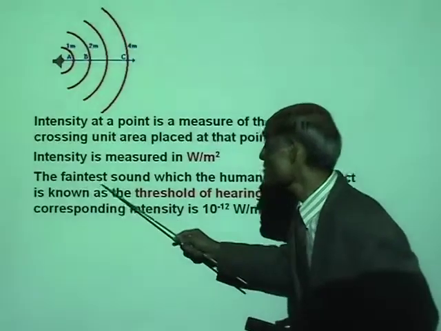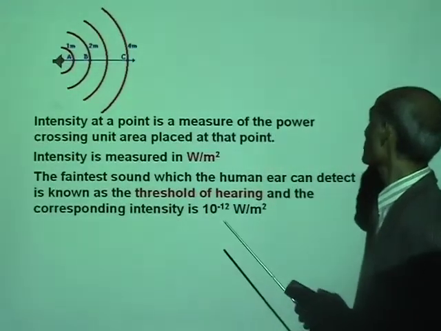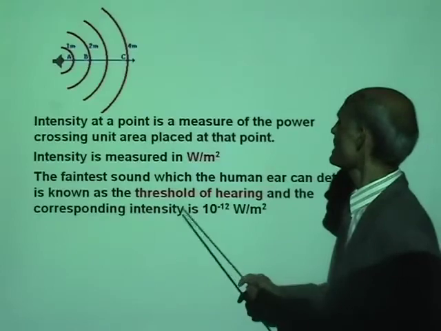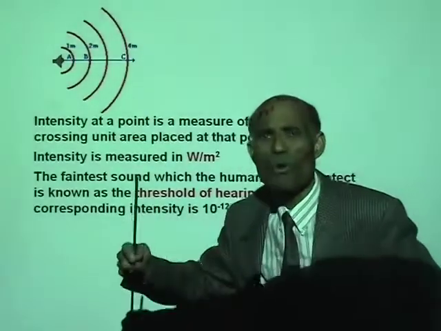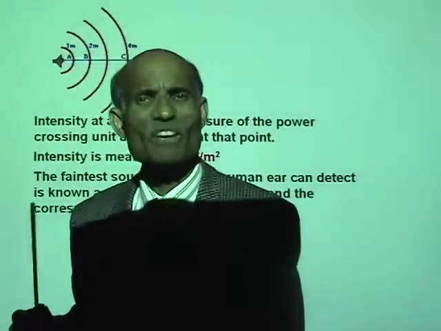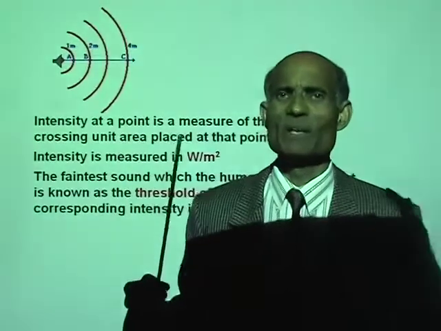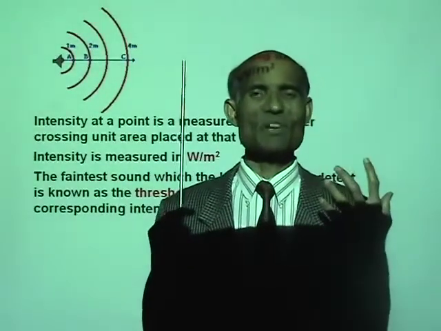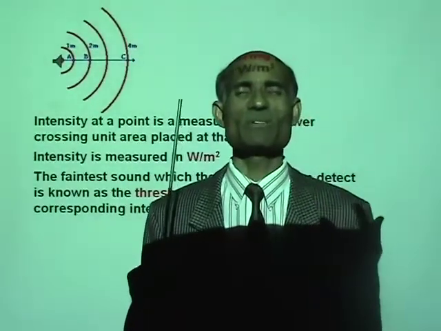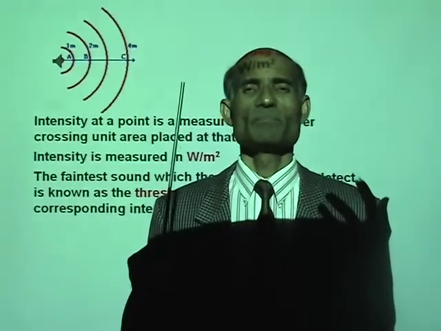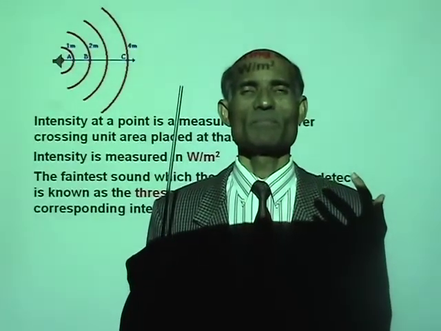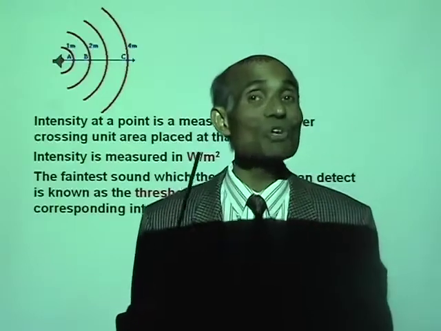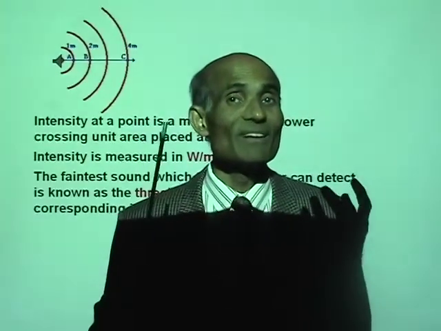Now, the faintest sound which the human ear can detect is known as the threshold of hearing. What is the faintest sound? Now, try and concentrate and breathe. Can you hear the sound of your breathing?